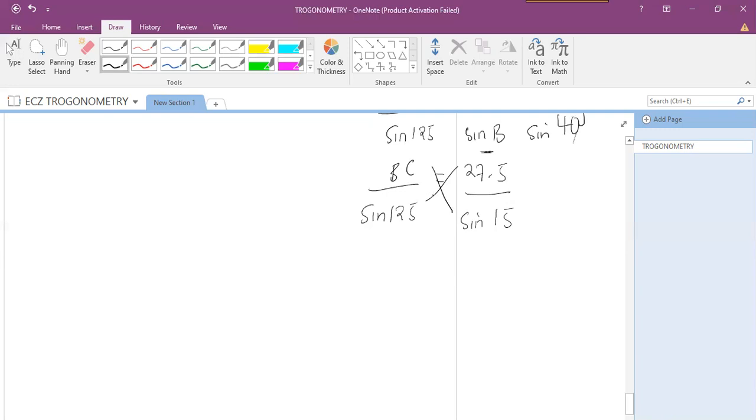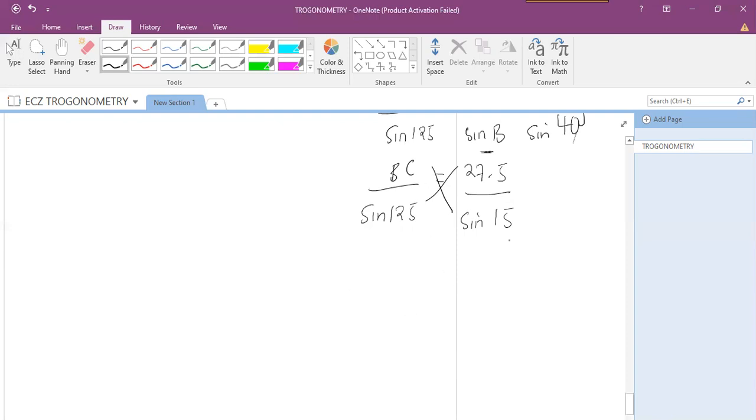So we're going to start off with sine 15. Let me solve it. Sine 15 is 0.2588.